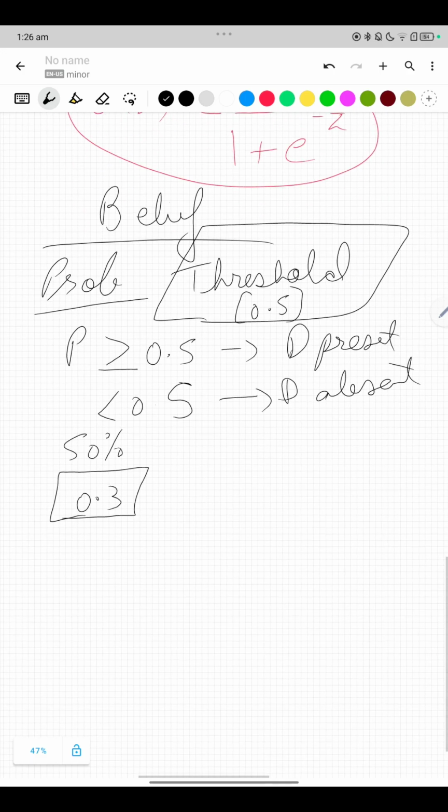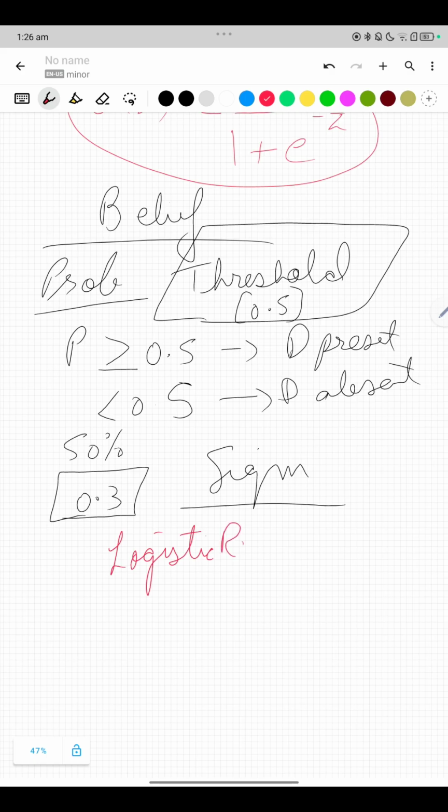So now coming back to the idea of the model, it predicts probability using a sigmoid function, and it takes decisions for binary problems, right? And this function or this model is your logistic regression, right?